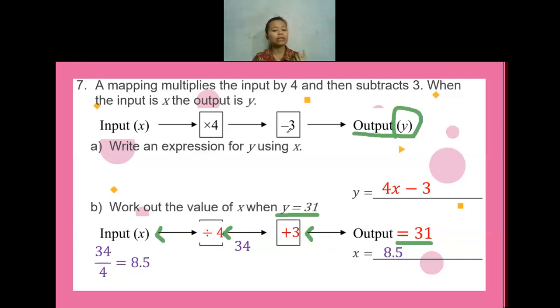The opposite of minus 3 is plus 3. The opposite of times 4 is divided by 4. So we have 31 plus 3, which equals 34. And then 34 divided by 4 equals 8.5. So the input when the output is 31 is equal to 8.5.